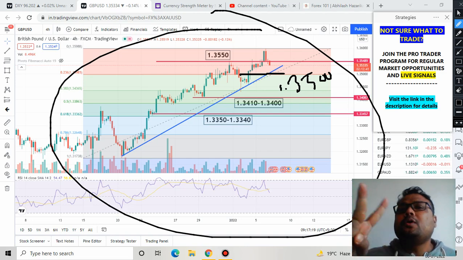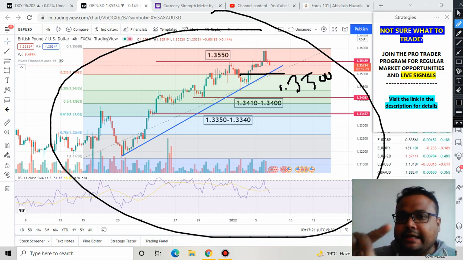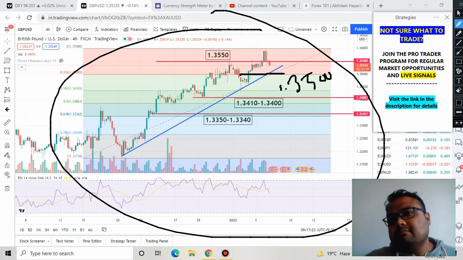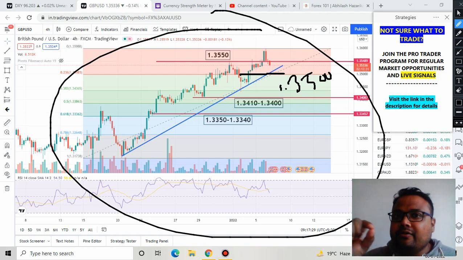And in case both the levels, both the things fail, then there will be a selling opportunity in the market, and you can take a sell as well. If you see that the market has formed a big red candle below 1.3500, you can take a sell position, and your target will be 1.3450, this level.